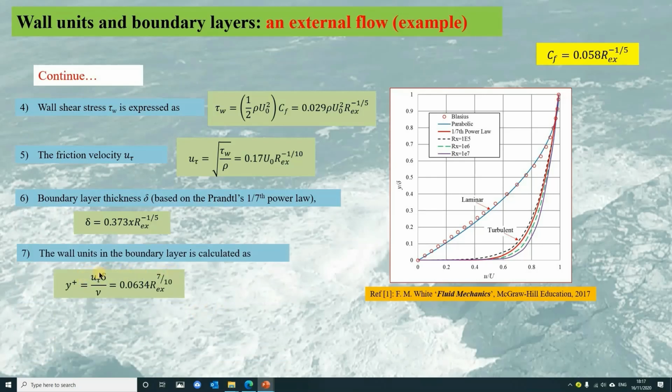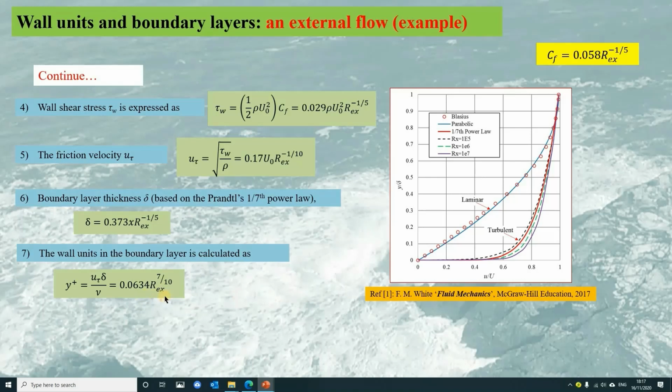And then we can calculate the wall unit y plus for the whole boundary layer. So the calculation would be given as this. The velocity is U tau, and the length is the boundary layer thickness delta. So we have the expression for the wall units for this example given by this.